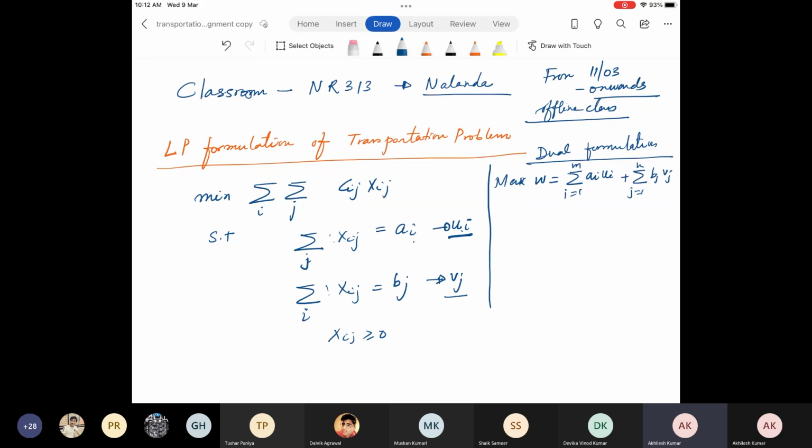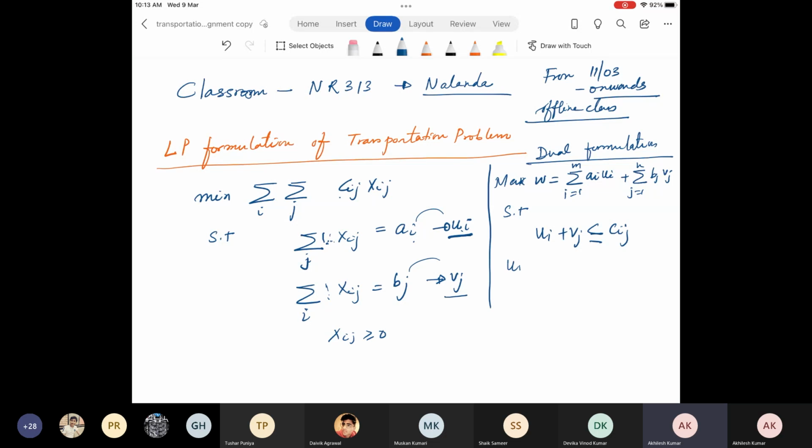That is your dual objective function. Simply we multiply the right-hand side with the dual variable such that ui plus vj is less than or equal to Cij, since everywhere the coefficient is 1. Cij is your cost coefficient.